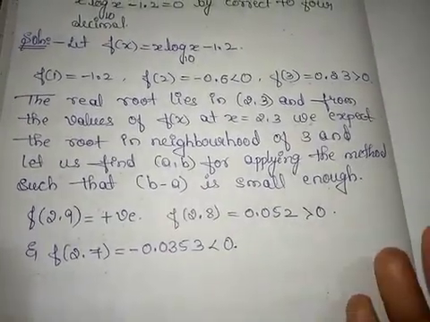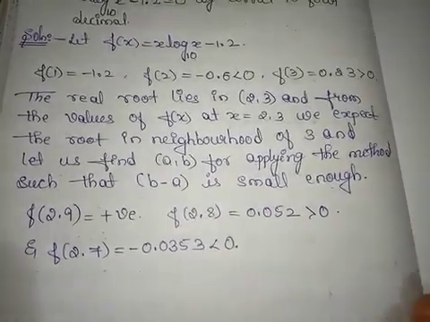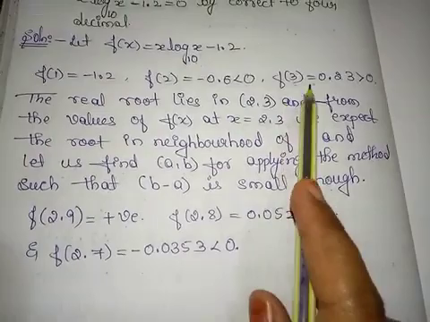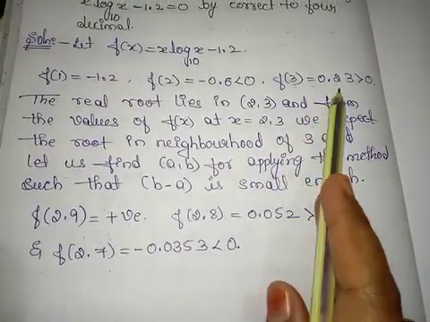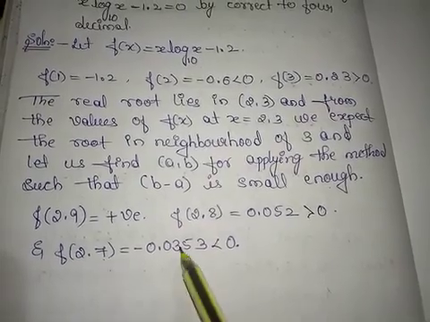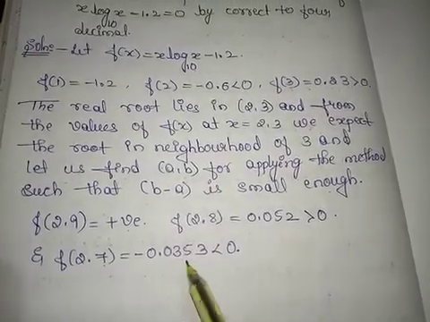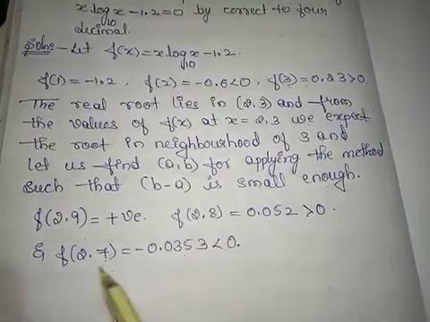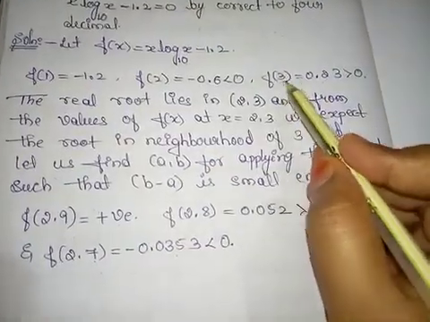So in that example, it was not necessary to go for further terms. But here, at x is equal to 3 we get a positive value, right? And at x is equal to 2.7 we get a negative value. Here we are not taking a as 2.7 and b as 3. Why?